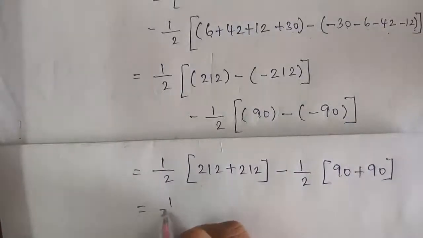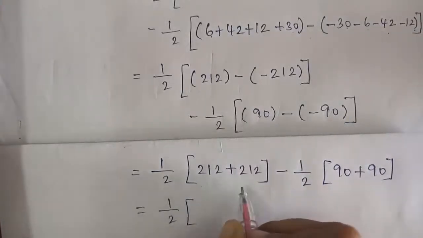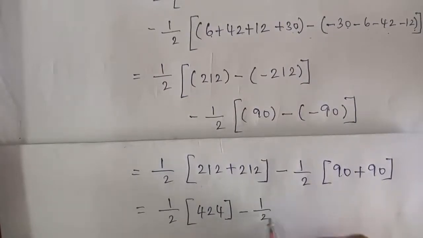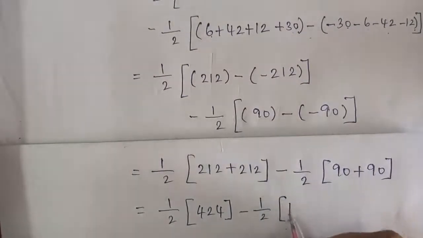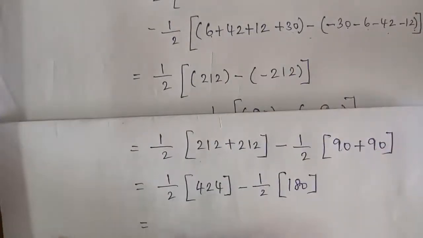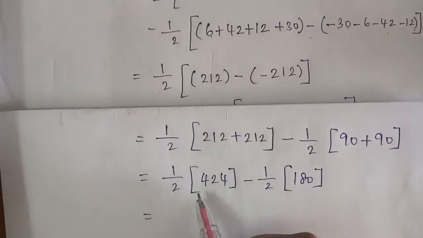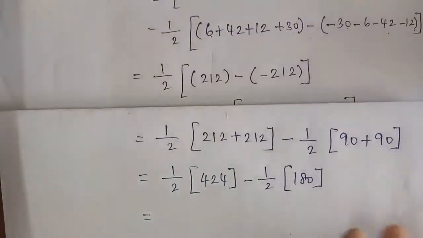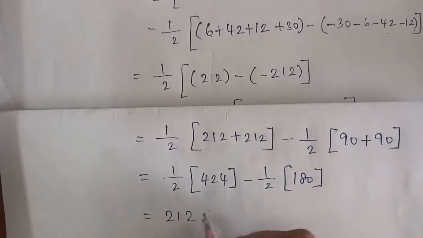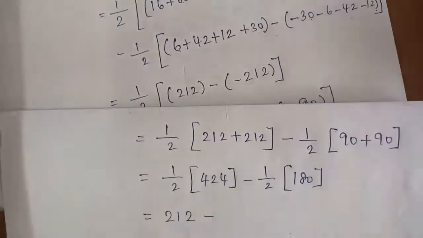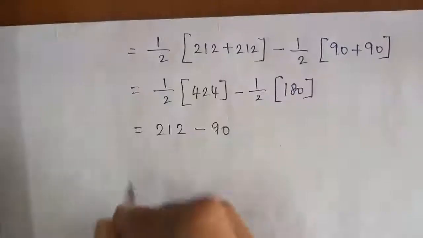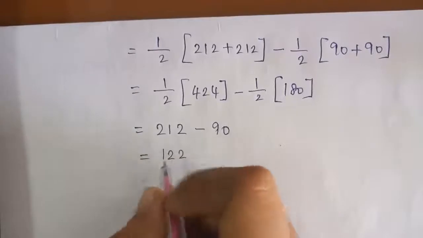is equal to 1 by 2 into 212 plus 212 is 424, minus 1 by 2 into 90 plus 90 is 180, which is equal to 1 by 2 into 424 is nothing but again 212, minus 180 by 2 is 90, is equal to 122.